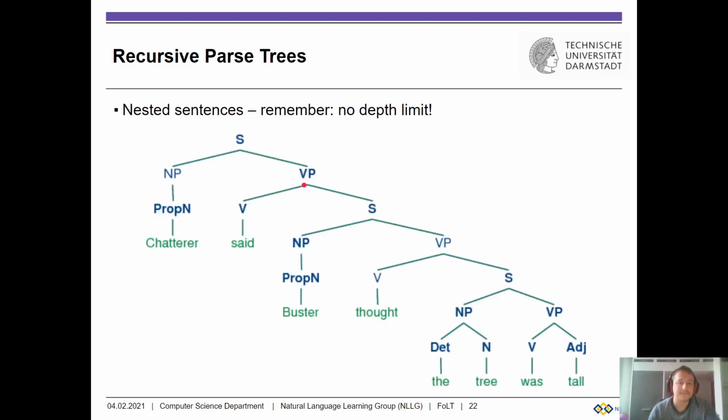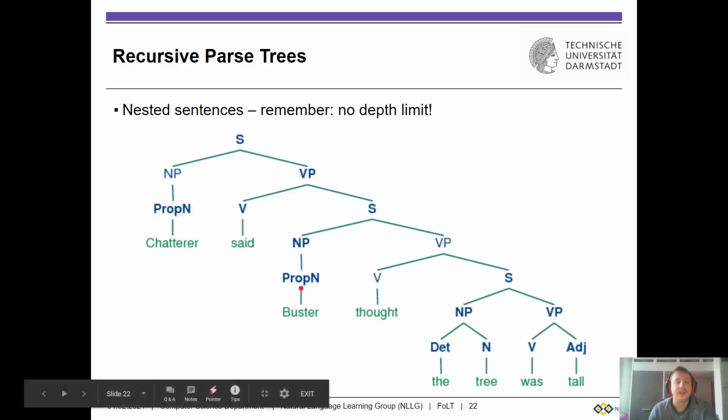Okay? And if you have such a recursion, then we can really construct an infinite amount of sentences as illustrated previously. So the sentence in this example expands into a noun phrase and a verb phrase, whereas the noun phrase then becomes the word Chatterer, which is a proper name, as you've seen here in the part of speech, and the verb phrase is what? So Chatterer is doing what? He said something. He said. And he said what? He said another sentence.